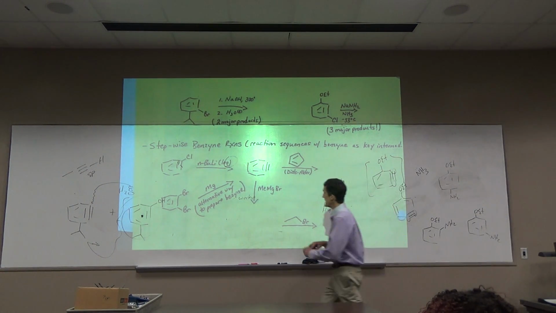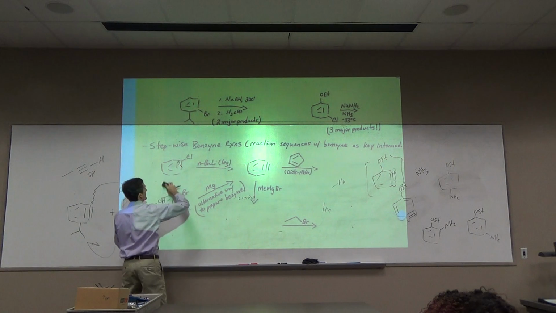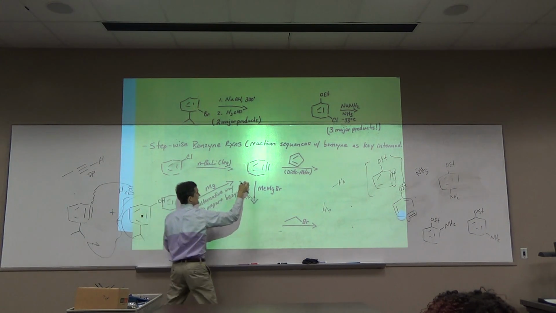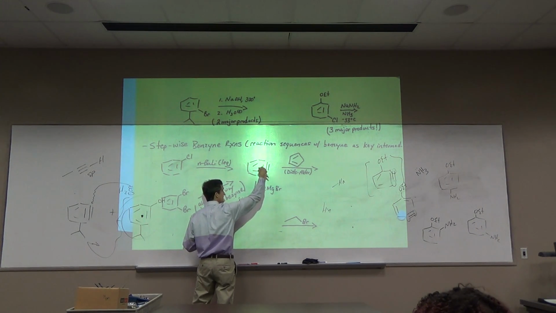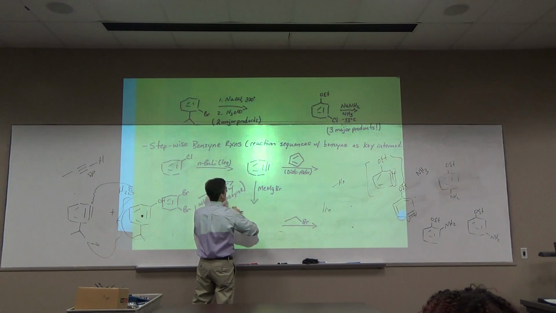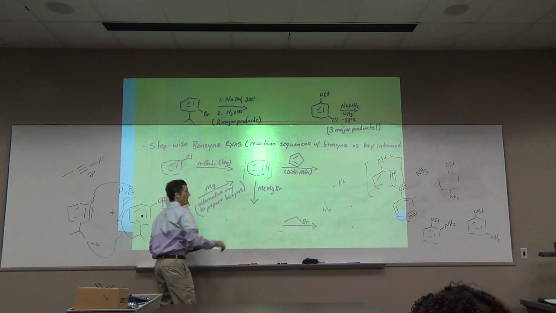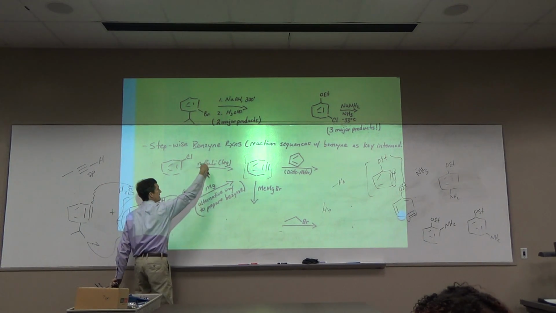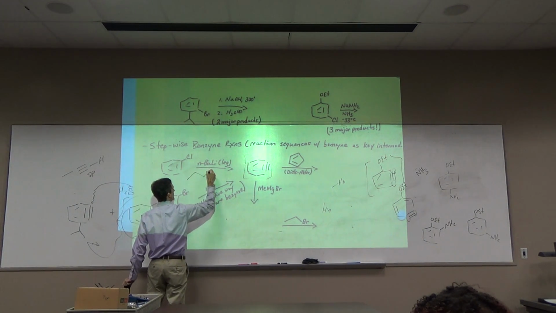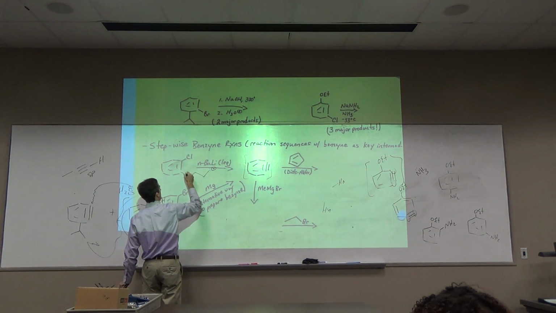If you use a base like n-butyl lithium, you can kind of stop here and add something else. You're not going to isolate this, but you can then come in with something else other than what you have here, because with n-butyl lithium, we take the H.